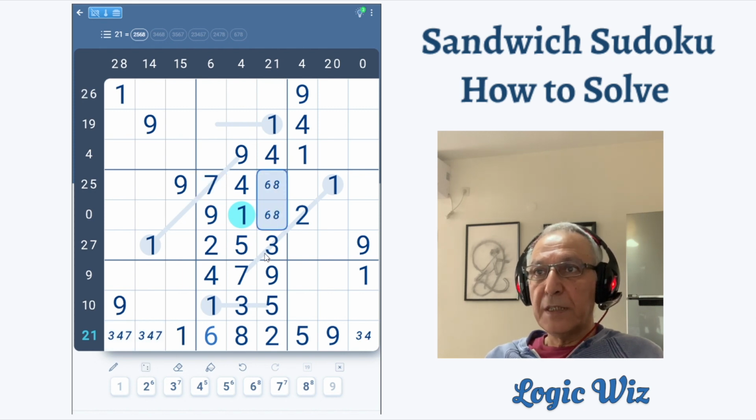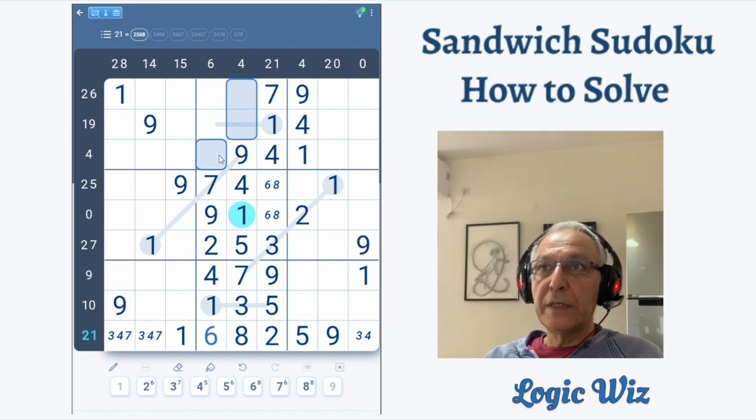Okay, what do we miss here in this column? This is 1, 2, 3, 4, 5, 6. We miss here a 7. Okay, now 8 cannot be next to the 7. 8 cannot be next to the 9, so 8 must be here.